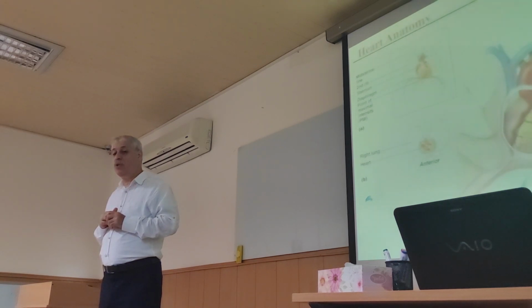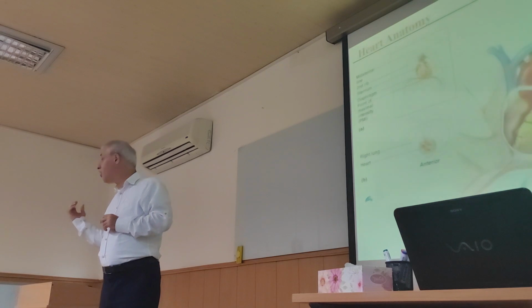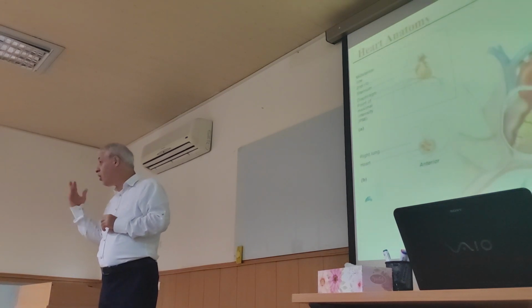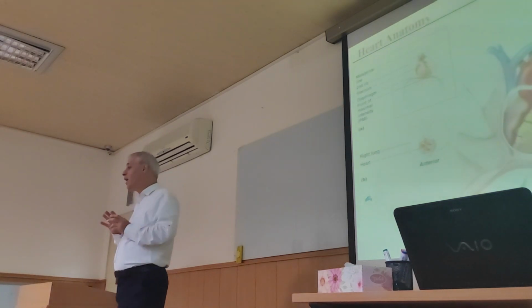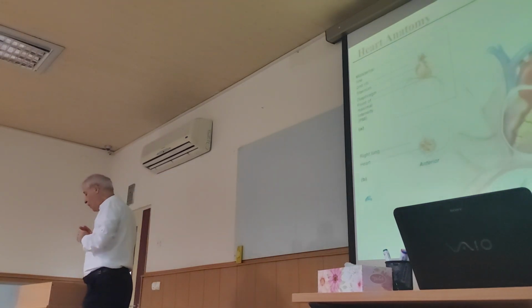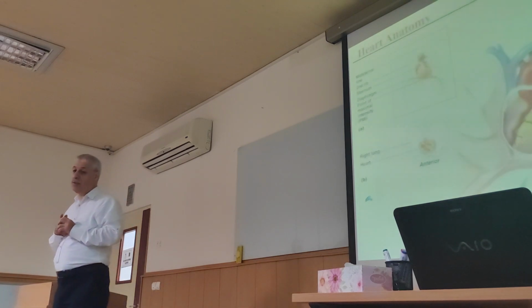This pressure from the pericardial space over the heart, especially on the right side, where we have a low pressure, high volume pump, can prevent right side filling and the cardiac output will drop.